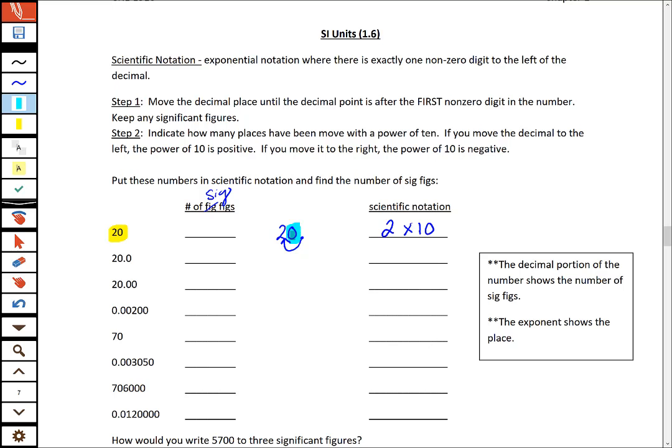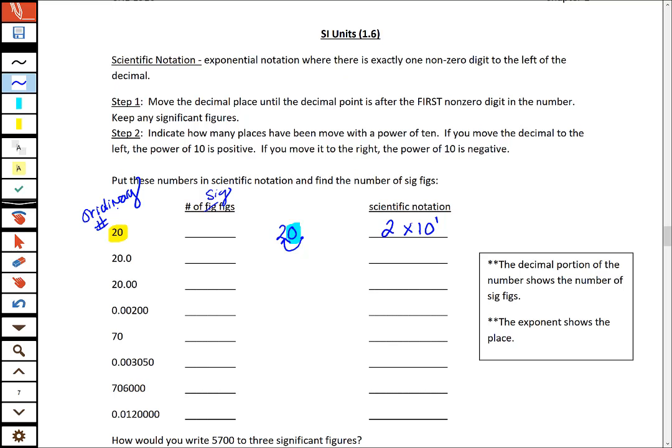So what we're going to do is write this as 2 times 10 to the first power, because 10 to the first is just 10, and you multiply that by 2 and you get 20. And so this is how we're going to take what's called an ordinary number and write it in scientific notation.